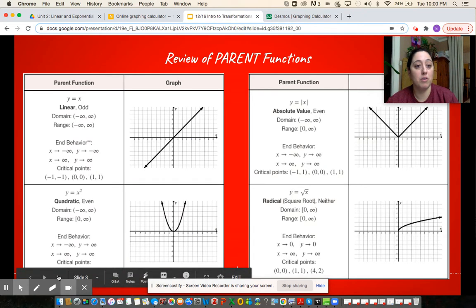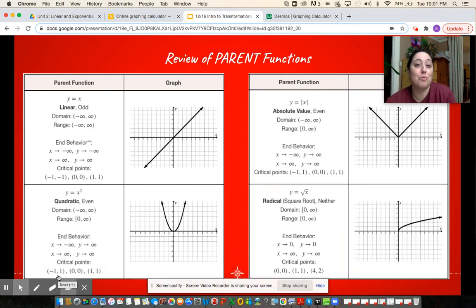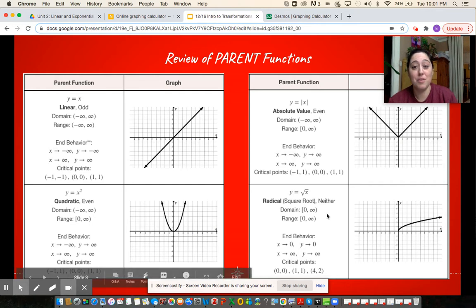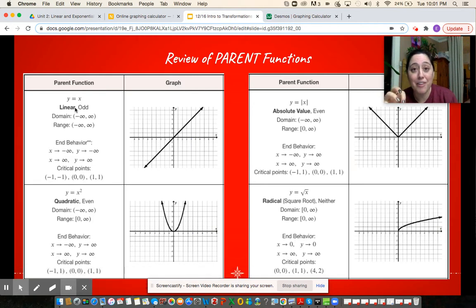Just remember also that the parent function is the simplest way to write whatever that function is. And these four types of functions, absolute value, radical or square root as we call it, quadratic and linear, you should be able to identify by either a table, a graph, or an equation.